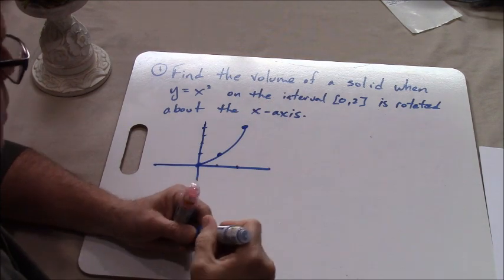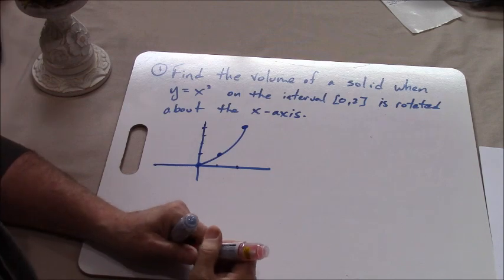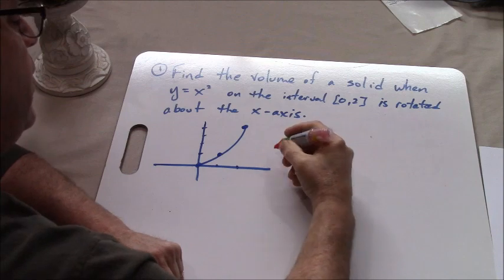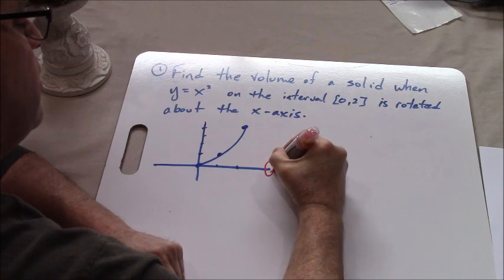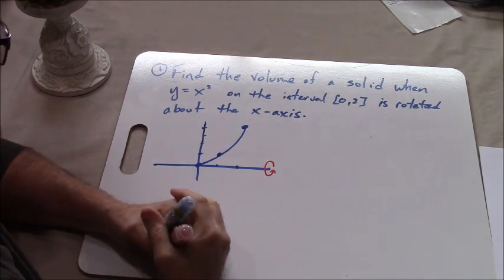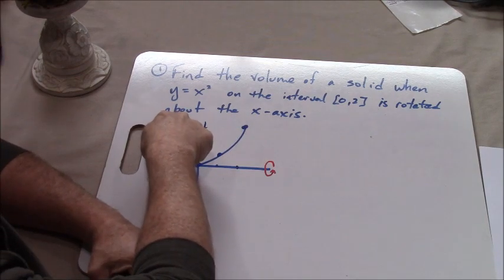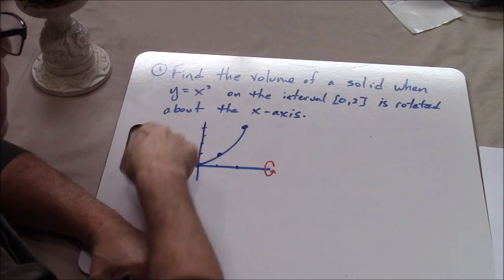And so what I want to do is I want to take that curve on the interval 0 to 2 and rotate it about the x-axis. I don't know why they use the word about instead of around, but that's what our book uses.